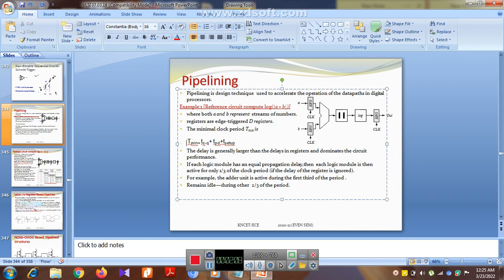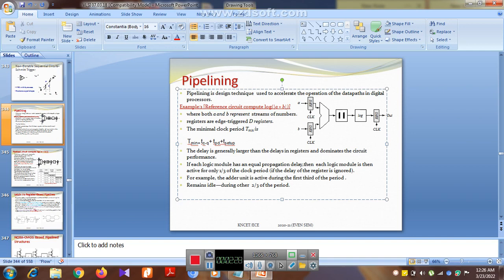The delay is generally larger than the delays in registers and dominates the circuit performance. Here they are saying that the logarithmic function delay is larger than the registers.